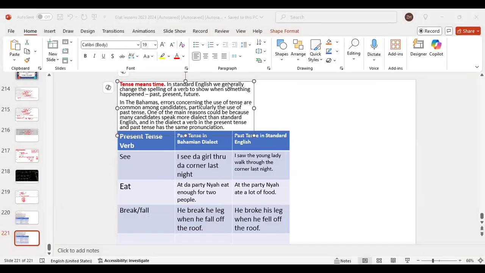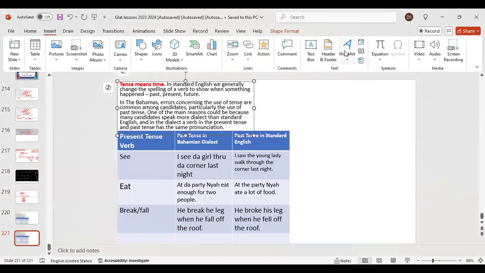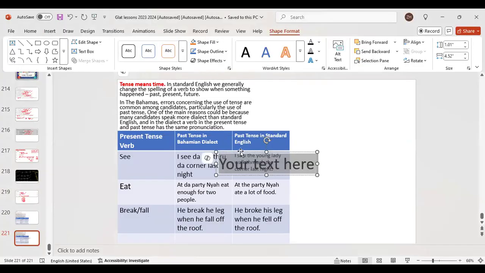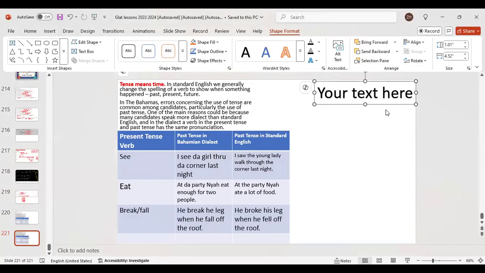All right, so let's go ahead and do this great exercise. Again, you're gonna rewrite this paragraph, but you're gonna put it in past tense. All right.